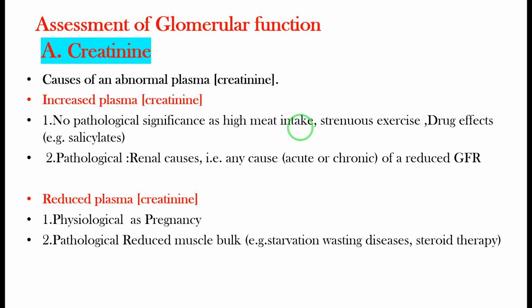Why do we depend on creatinine? Because it's freely filtered, it's a waste product and the end product of nitrogen metabolism. So it's a waste that is normally filtered freely at the kidney, and then it will be excreted in the urine. So if there is any defect in the glomerular filtration, the creatinine cannot be filtered, so its concentration will increase in the circulation.